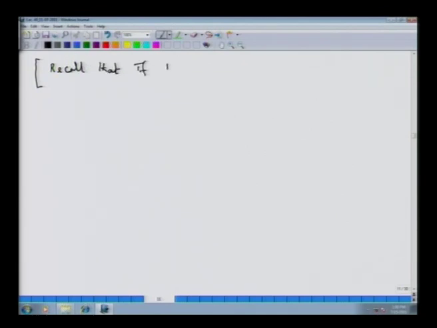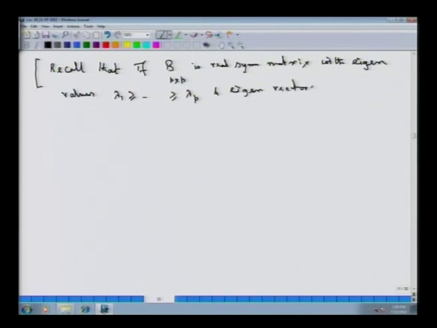Recall that if B is a real symmetric matrix, P by P, with eigenvalues lambda 1, lambda 2, up to lambda P in this order, and orthonormalized eigenvectors E1, E2, up to EP, then we have the following result: if we are trying to maximize the quantity x prime B x divided by x prime x, this is maximization over all possible x's.